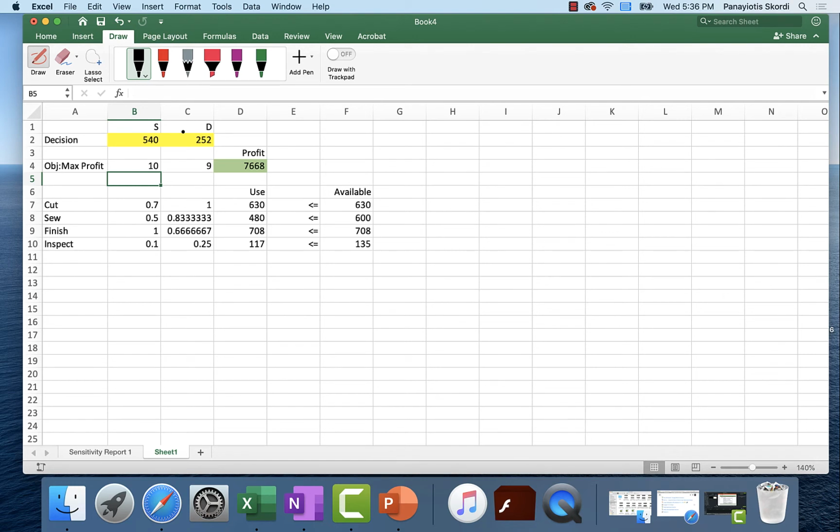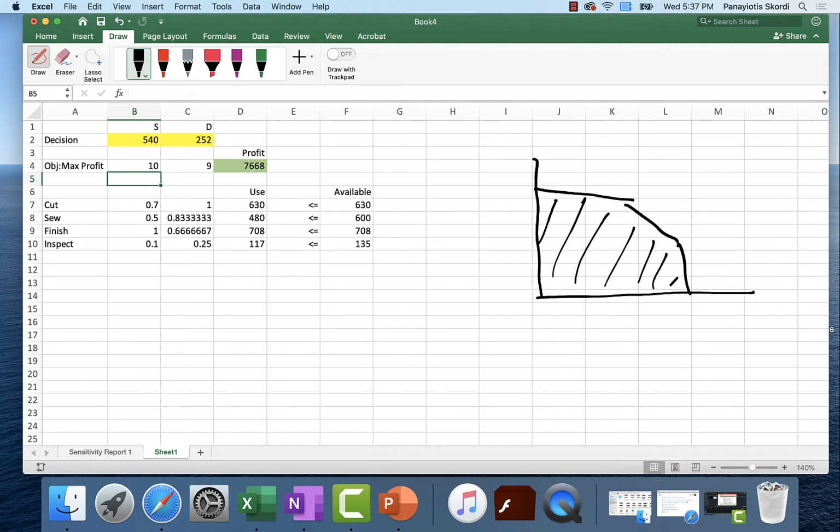So let me just do kind of a little quick sketch over here. So when we were doing that problem, the feasible region, I don't remember exactly what it looked like. It was something like this. So we can pick any solution anywhere in this region. And then what we did, we took the contour line, and the contour line is whatever your objective function line is in here. So along there.